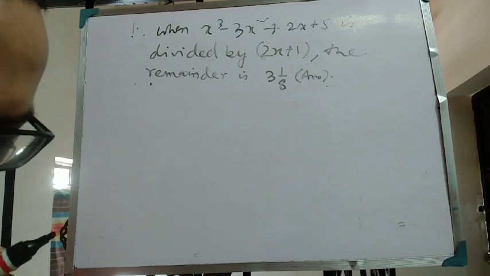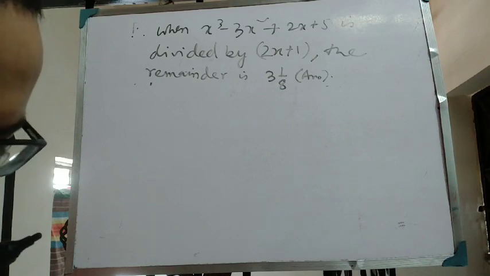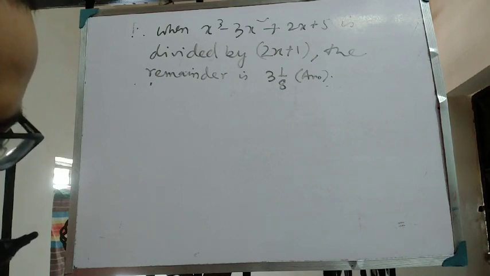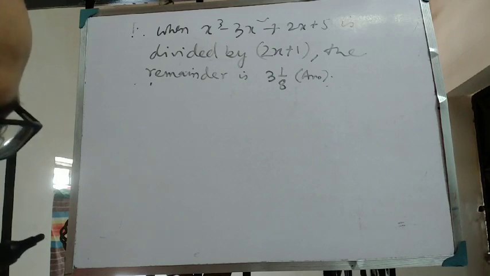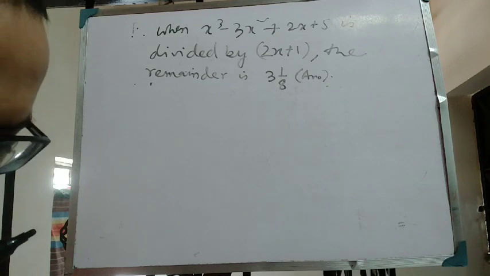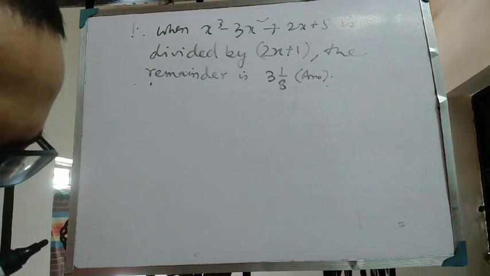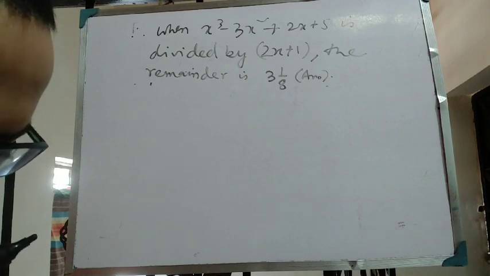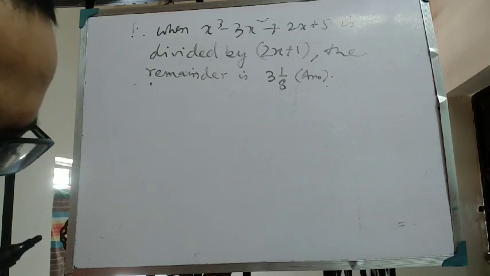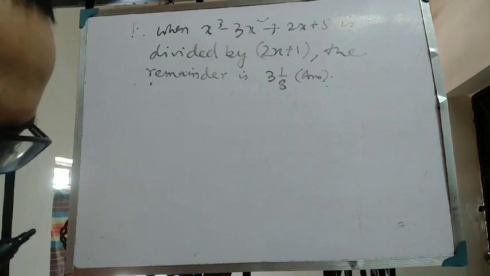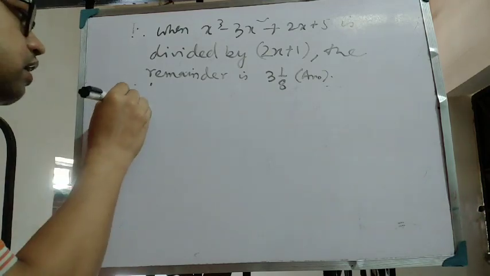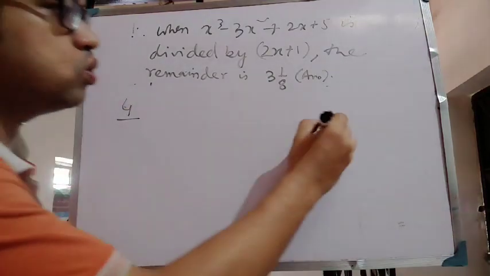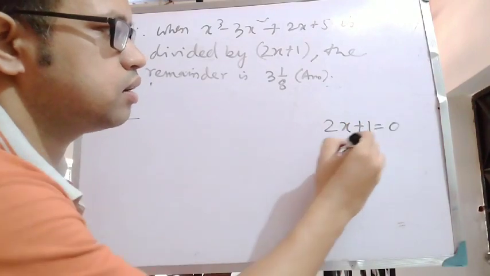When a polynomial 4x cube plus 4x square minus x minus 1 is given, we have to verify that 2x plus 1 is a factor of it. So here again you have to check 2x plus 1.